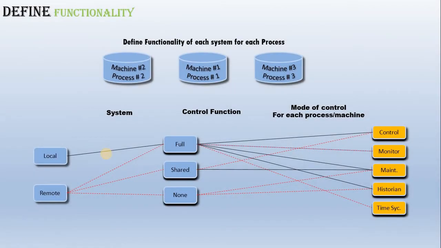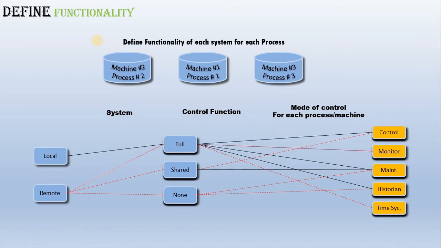Now this slide, actually I tried to make it as complicated as I could, but it is really not that complicated. If you look at one of those machines or processes, you may have, let's say, a big skid or a small skid, regardless.